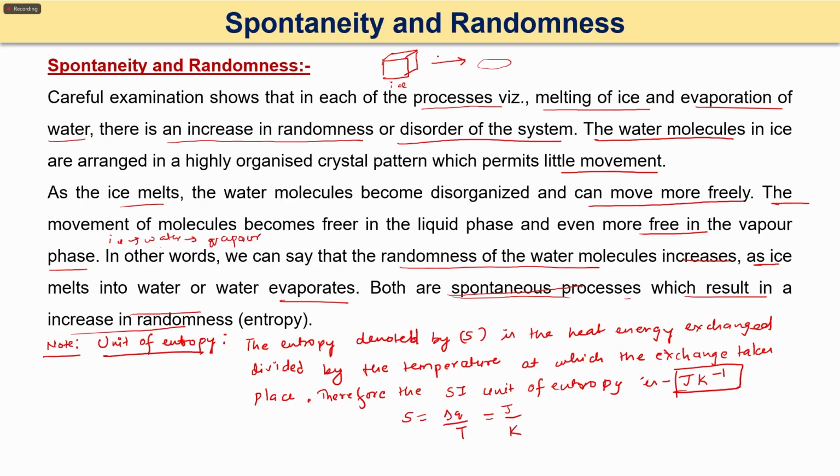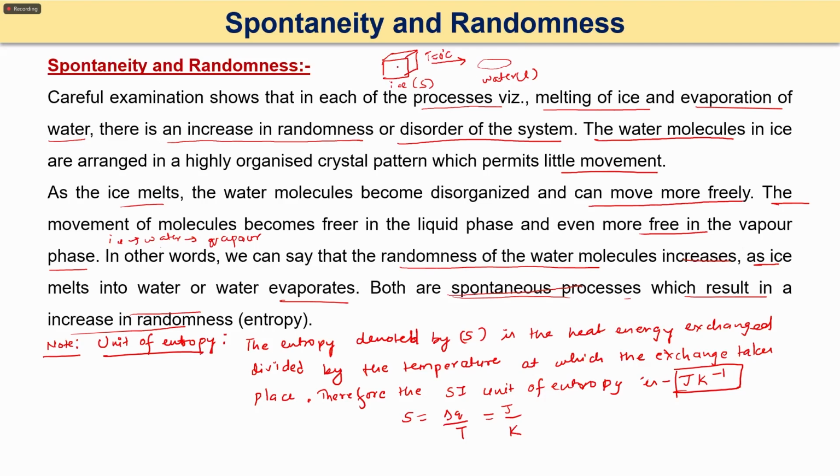Okay, and at what temperature does it happen? 0 degrees Celsius. So here ice is melting into liquid, that is your water, which is in liquid phase. Here your ice is in solid phase. So in conversion from ice, solid, to liquid state, what is happening?